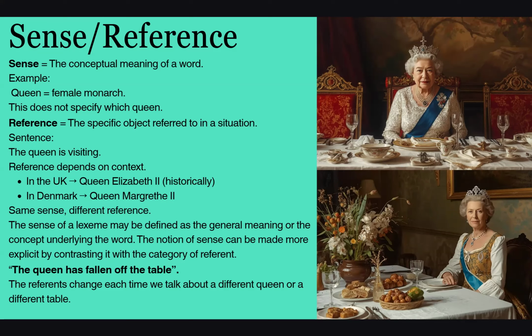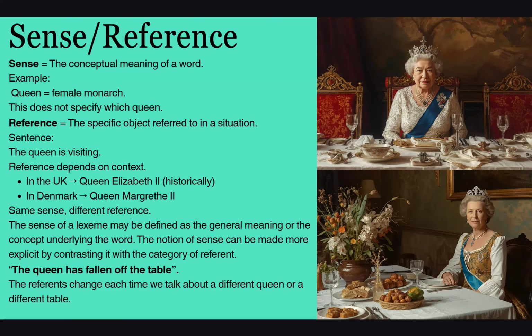For example, denotation is the entire class of things a word can refer to: the denotation of dog is all dogs in the world, and of queen, all queens. For example, Elizabeth II or Margaret: the denotation is stable, while reference changes.